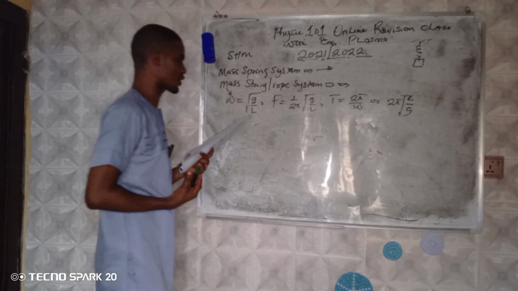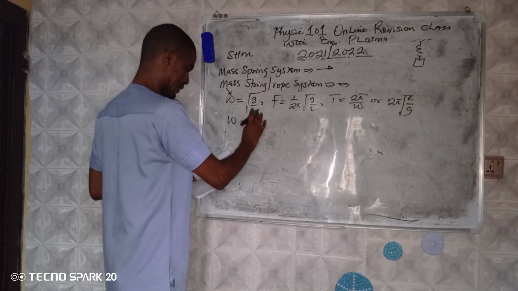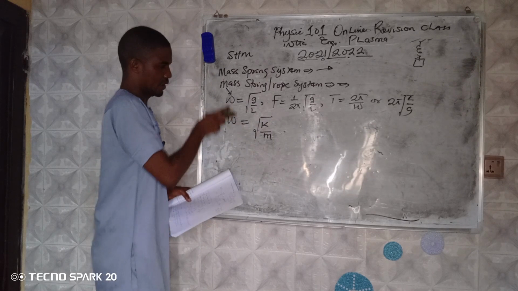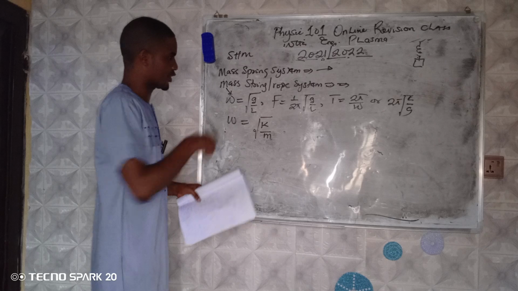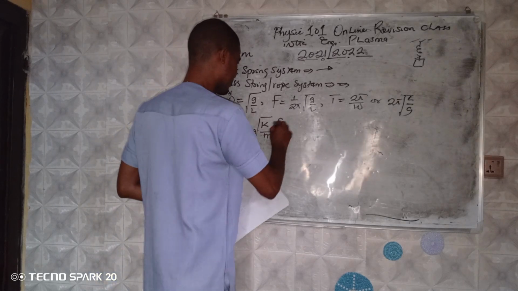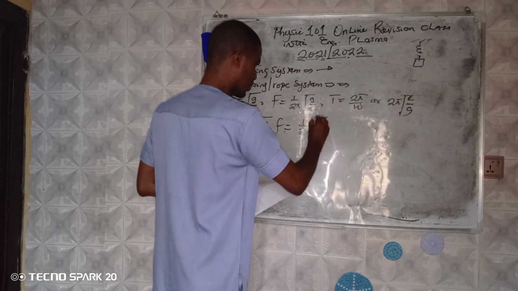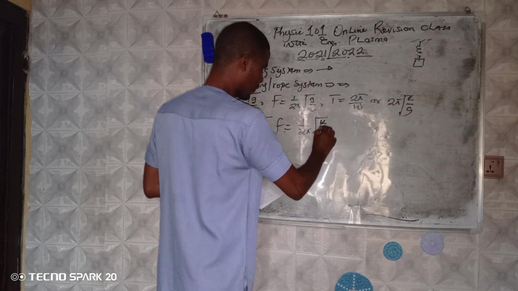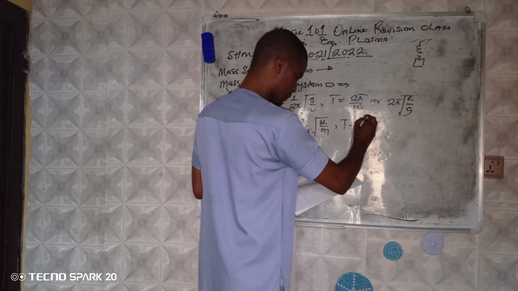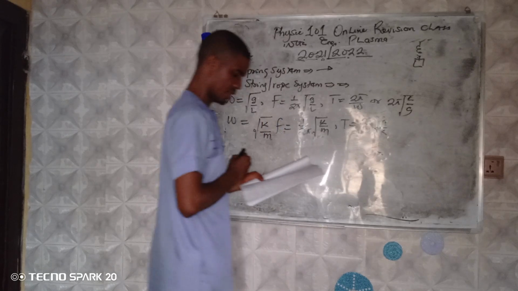For the mass spring system, my W is equal to root of K over M. My F is equal to 1 over 2 pi root of K over M. Then my T is equal to 2 pi root of M over K.